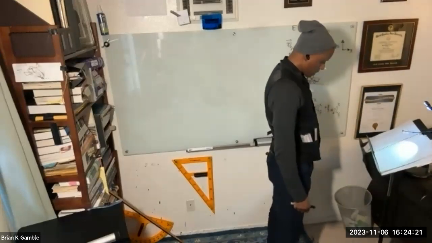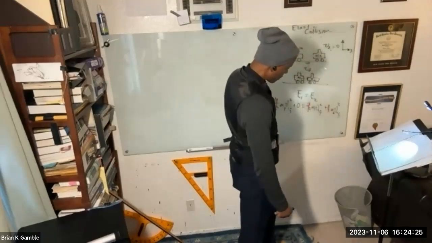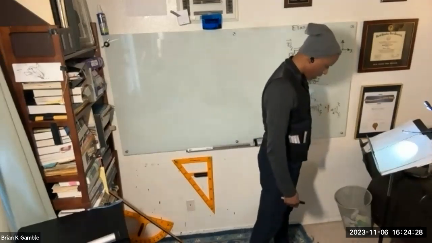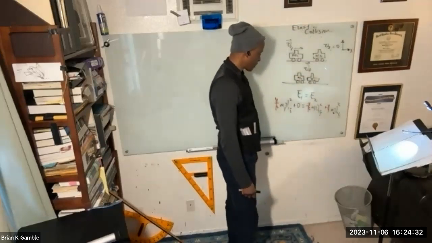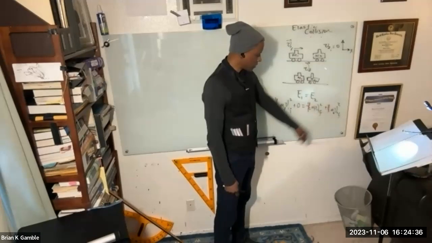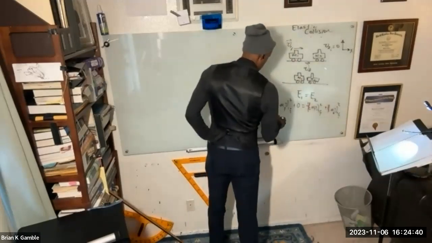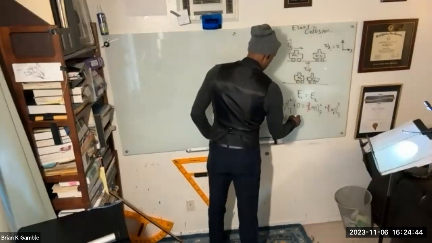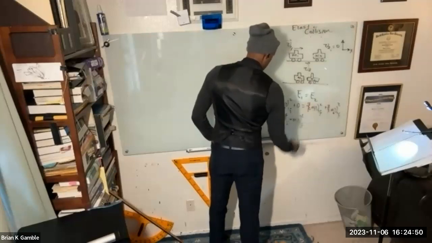I'm going to get all the block one stuff on the same side versus block two. So I'm going to take over this M1 and V1 squared. Remember the halves are gone. So this is going to be M1 V1 initial minus M1 V1 final, and those are both squared.